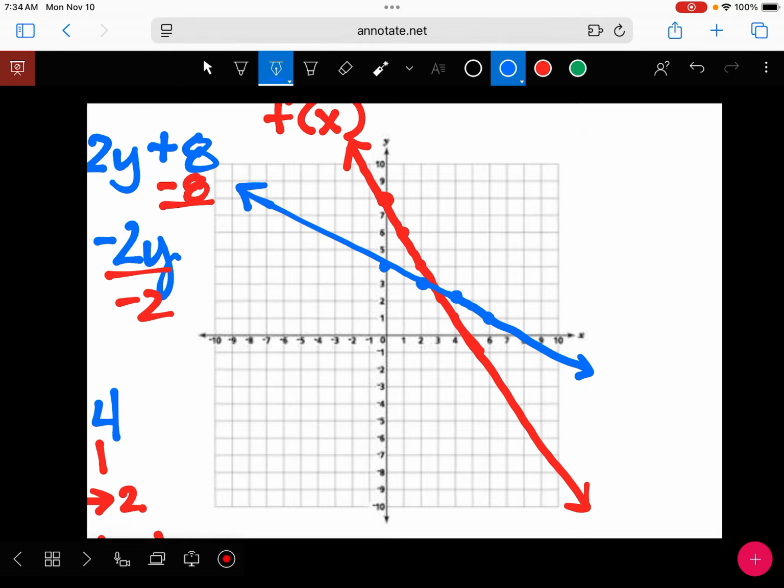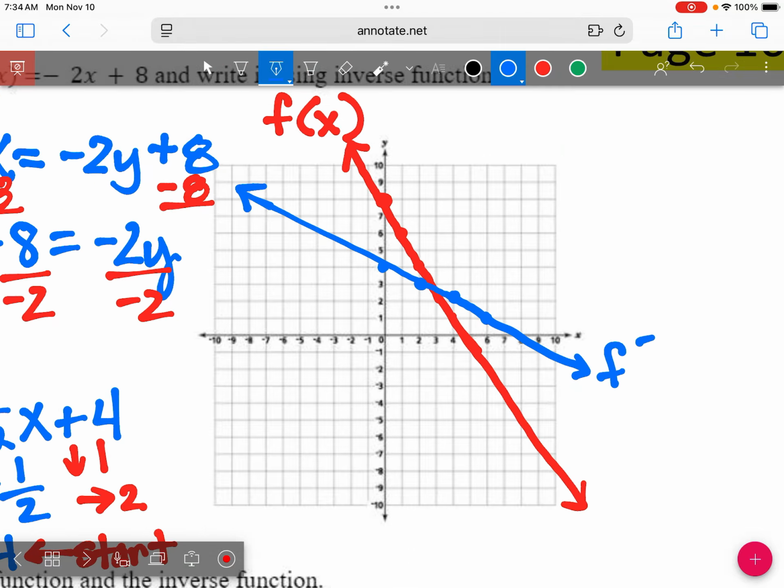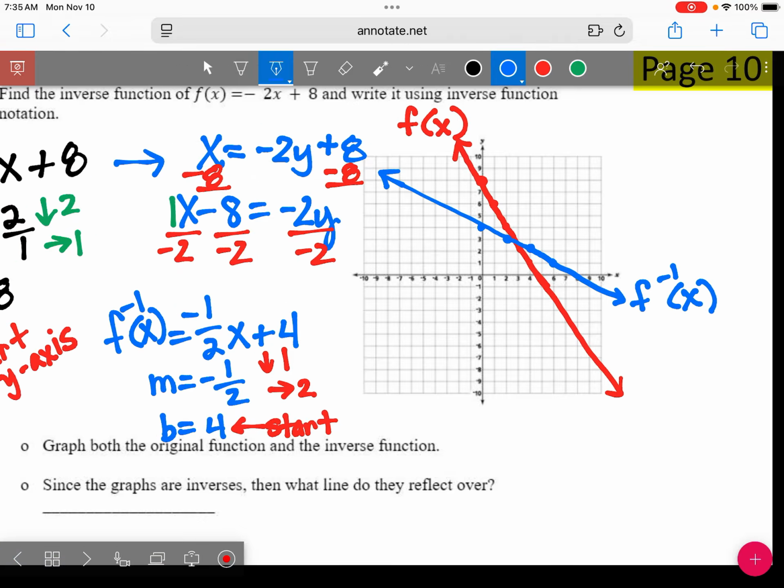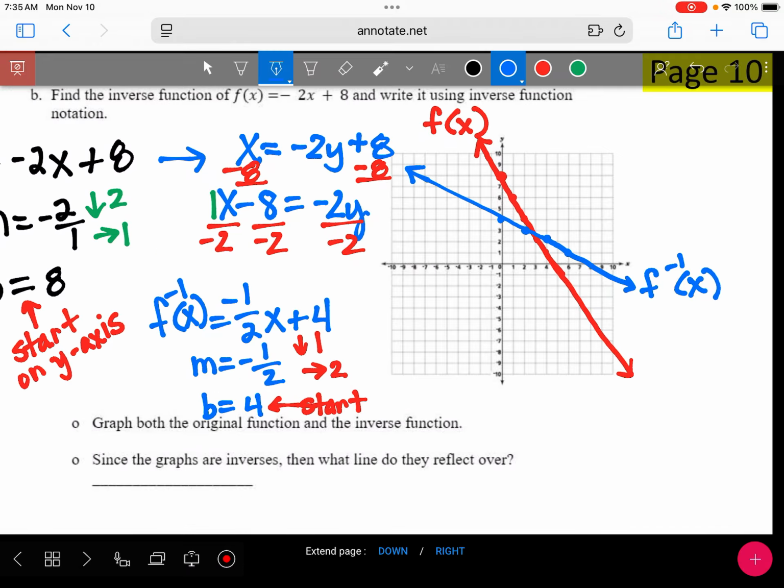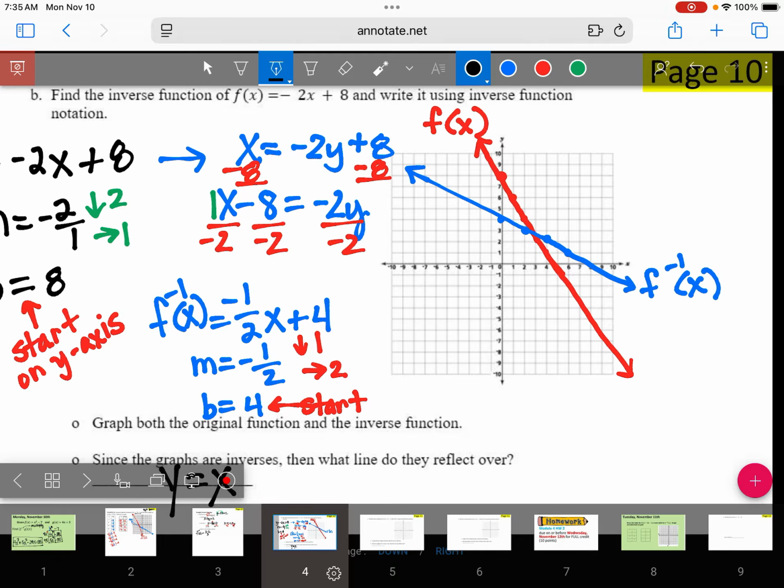And label it. And remember that if they're inverses, they reflect across y equals x. See? All right, 2 more. Let's do our next one.